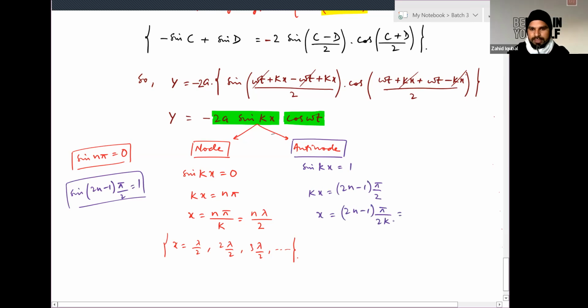If you substitute k equals to 2 pi by lambda, you will get 2n minus 1 lambda by 4. It means if you put n equals to 1, then you will get lambda by 4, n equals to 2, 3 lambda by 4, 5 lambda by 4, and so on. These will be different points on which you will get antinode on the string.